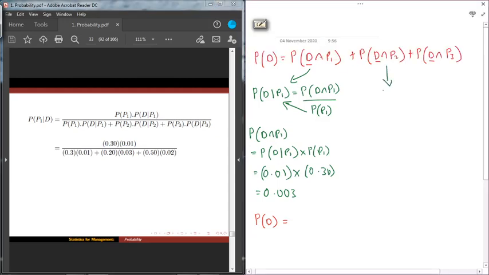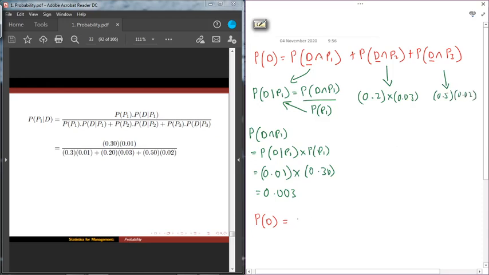This one you will get 0.02, this one you will get, okay.